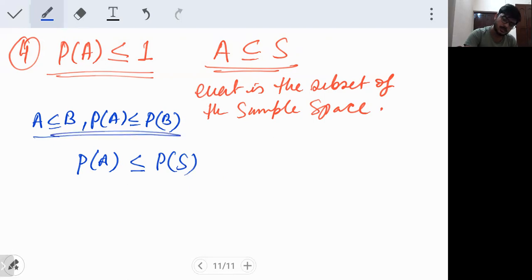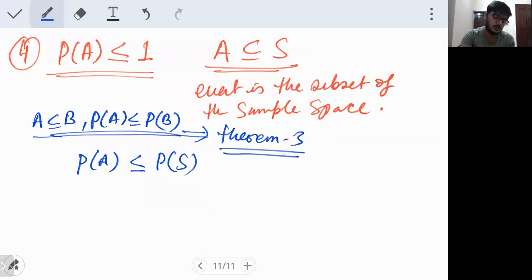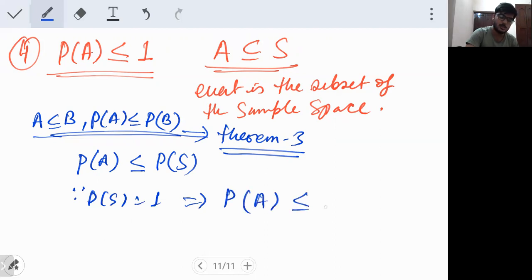So this is theorem 3. And from theorem 3, we prove theorem 4. Since the probability of the sample space equals 1, this implies the probability of A will be less than or equal to 1, right? So we have discussed the fourth theorem also.